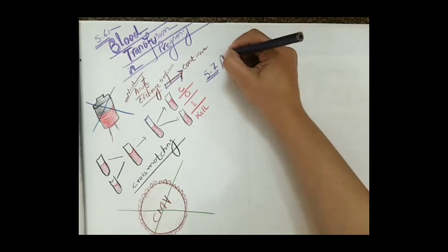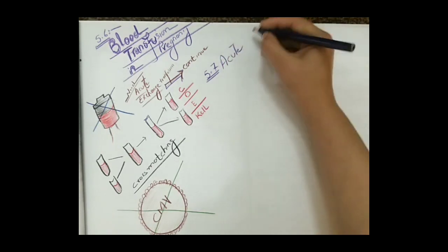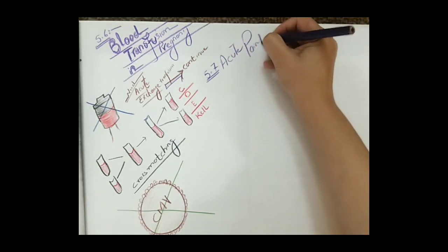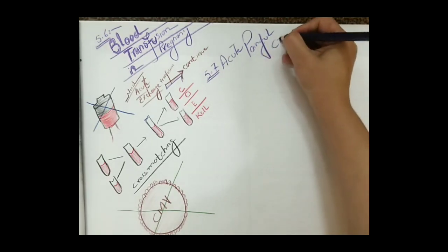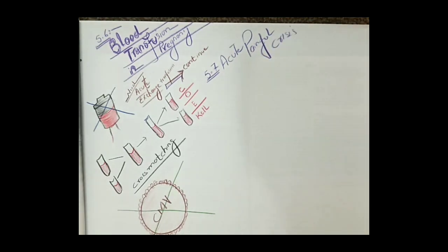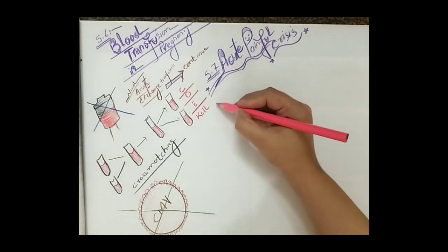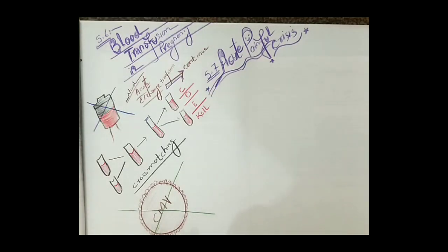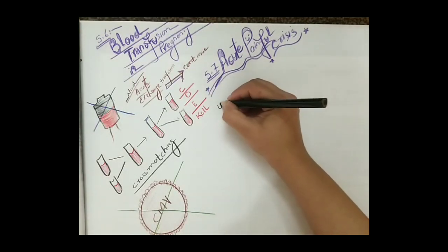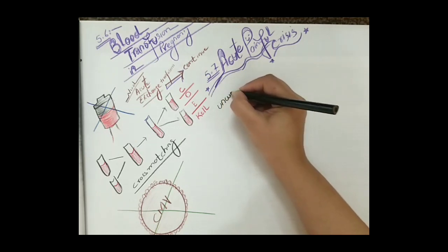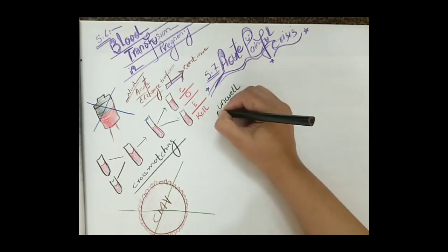Now coming to 5.7, what is the optimal management of acute painful crisis during pregnancy? Sometimes a patient may suffer from an acute painful crisis. How to deal with them? Women with sickle cell disease who become unwell should have sickle cell crisis excluded as a matter of urgency.